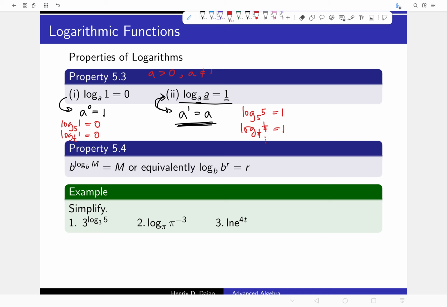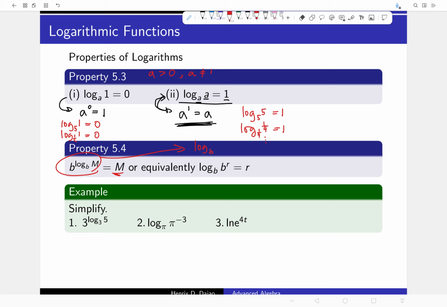Okay, so we have b. Why is it equal to a? Why is this one equal to m? Because if we convert this one to logarithm, of course, the exponent is the answer, right?